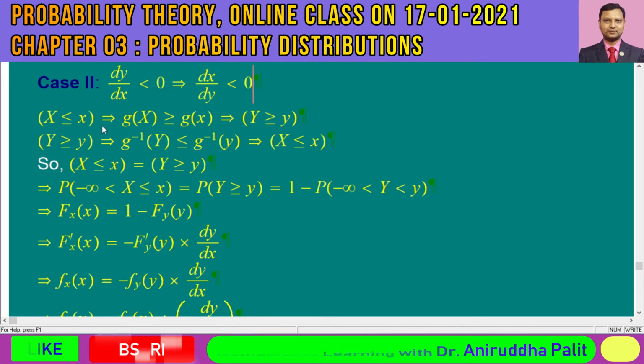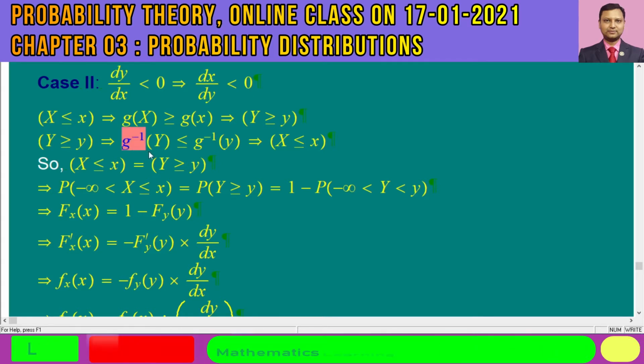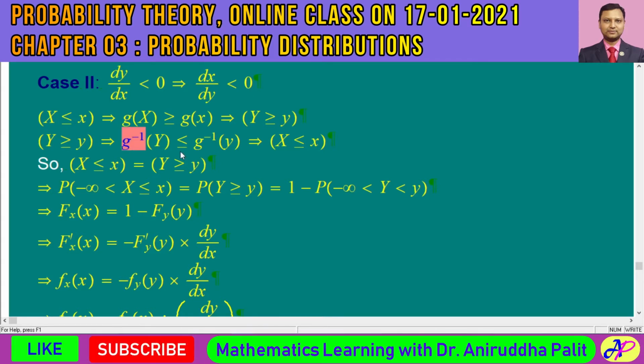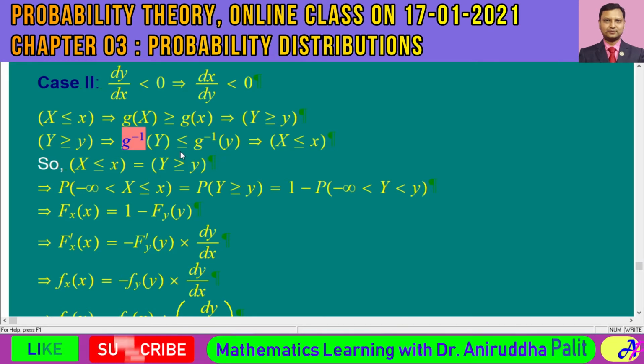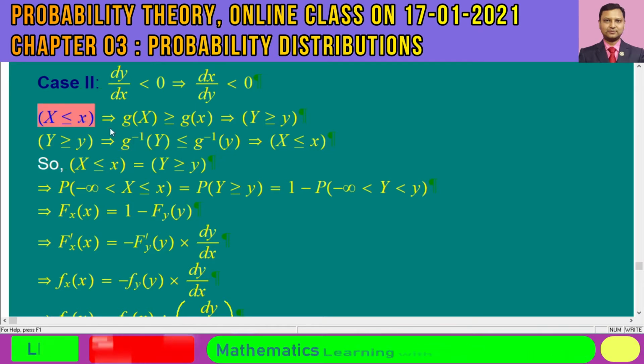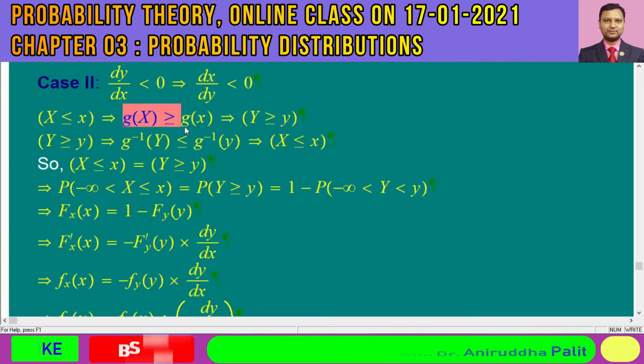And of course, because g is strictly monotone decreasing, the corresponding function g inverse should also be strictly monotone decreasing. Okay, and X less than or equal to small x implies g of X greater than or equal to g of small x, since the opposite kind of inequality would appear.